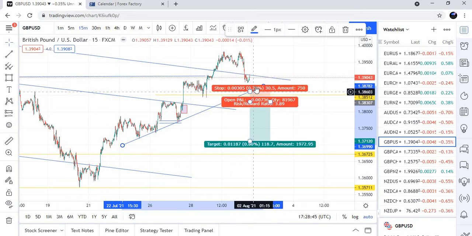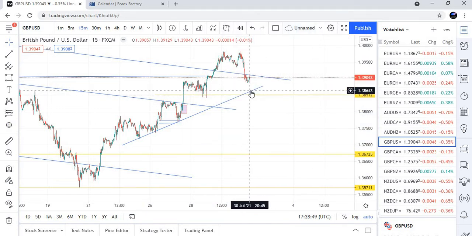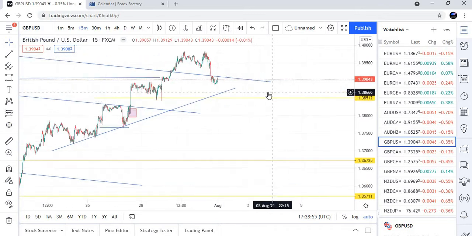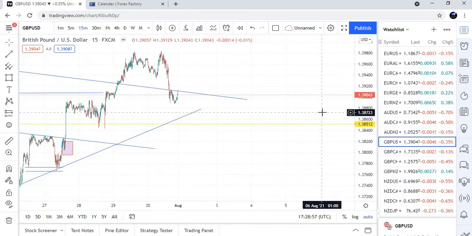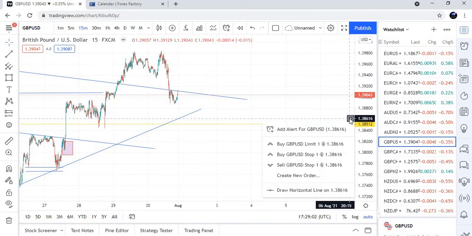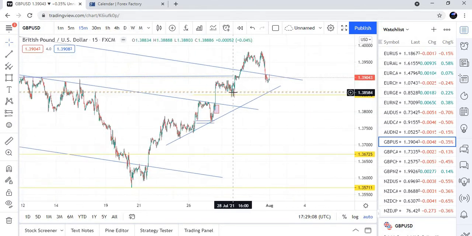So when it gets to this level, let me delete this. When it gets to this level, we are going to try to buy the GBPUSD. So we're just going to set an alert for this level, and we're going to wait for it to cross that level.